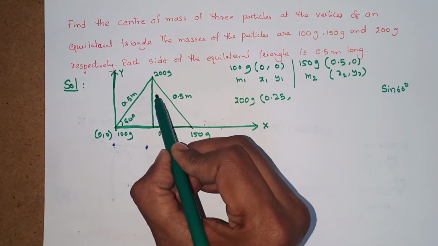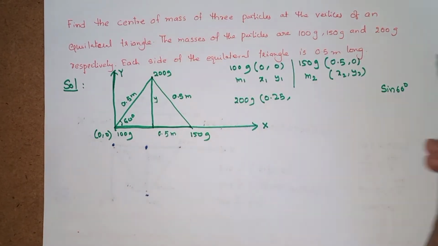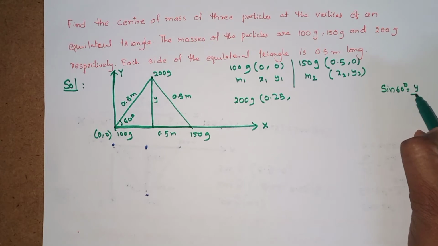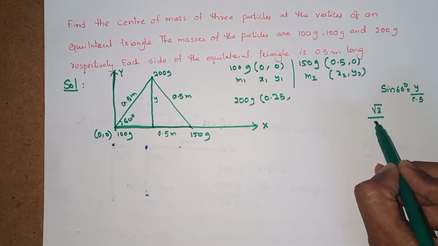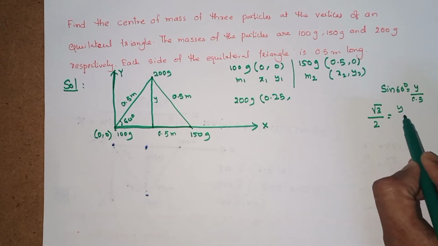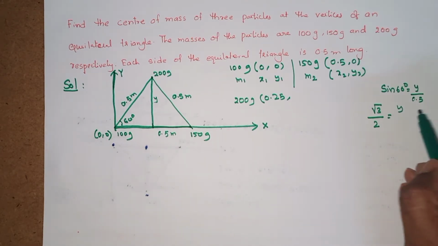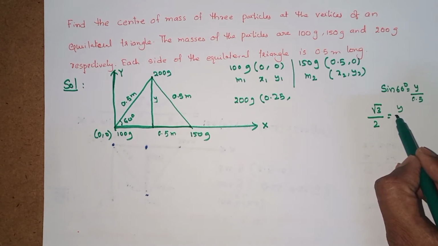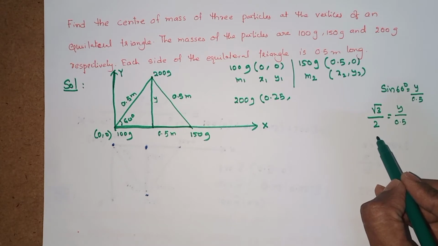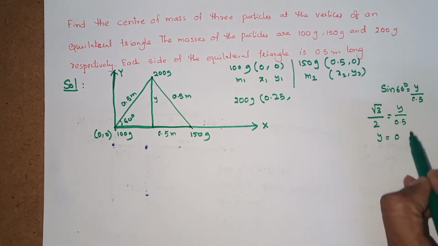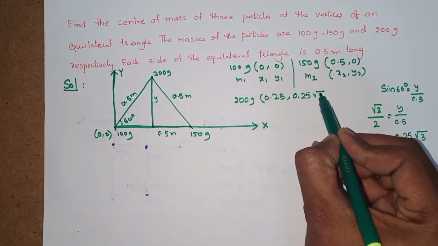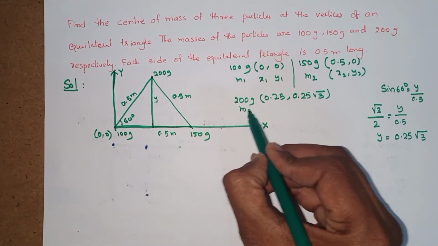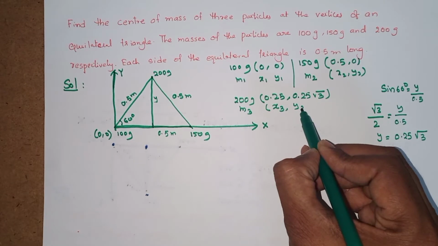Let us say this height is y. So sine 60, root 3 by 2, is equal to y by 0.5. Therefore y is equal to 0.25 root 3. This is M3, with coordinates x3, y3.